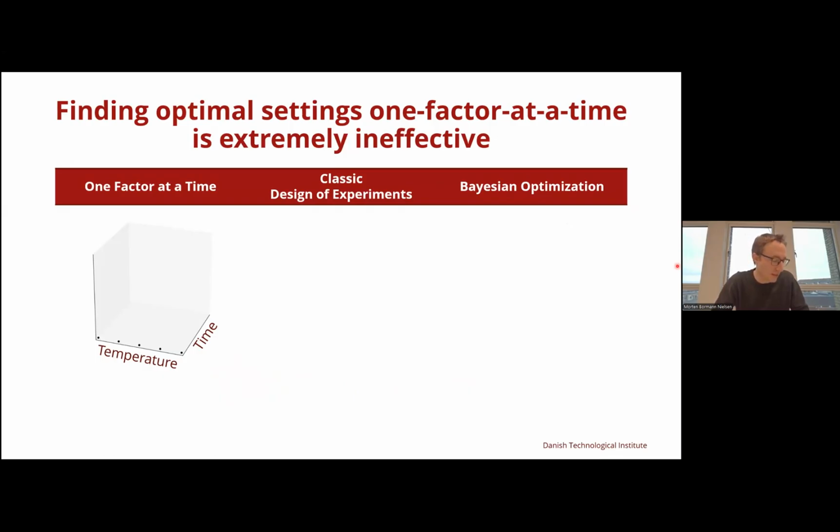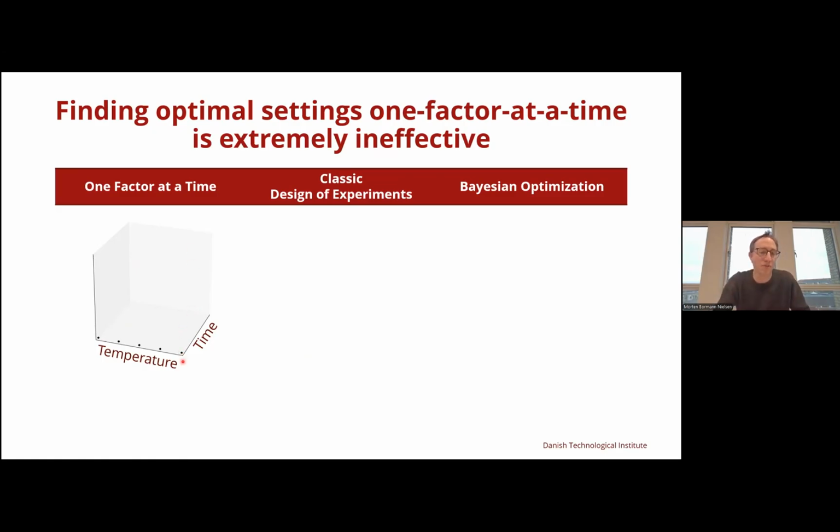What is the typical status at many companies, particularly small and medium-sized companies in our experience, is that they use one factor at a time optimization, which is an extremely ineffective way of solving this problem of finding optimal conditions. And it's probably because we're taught this already in basic school as part of the science classes, and it's in many cases never really walked back upon or challenged even through higher education.